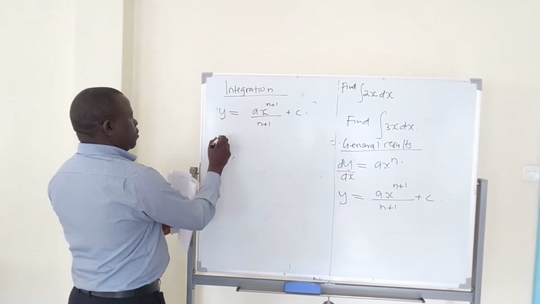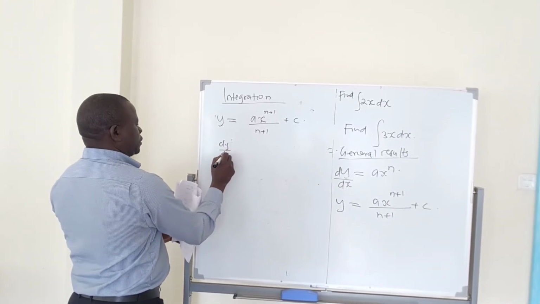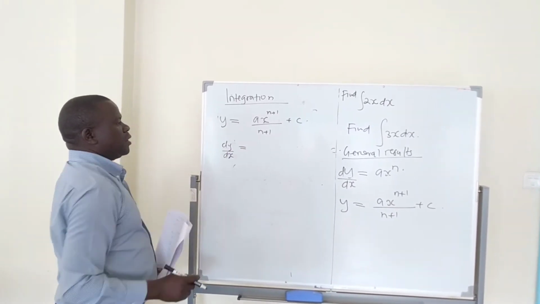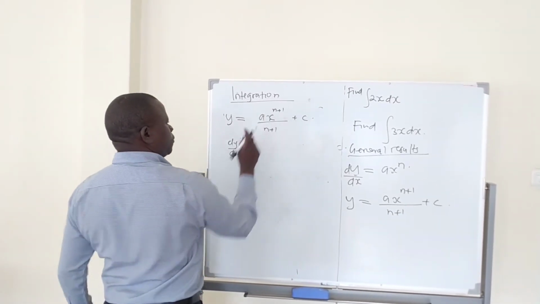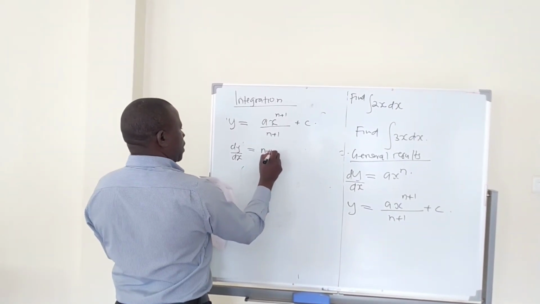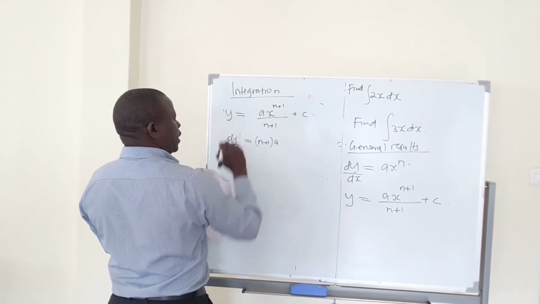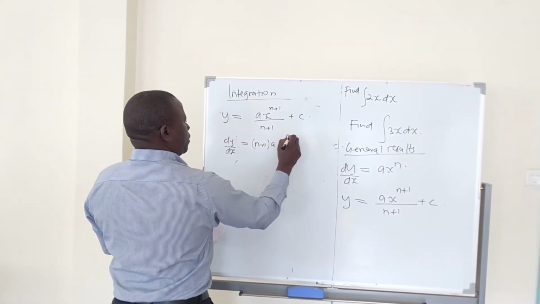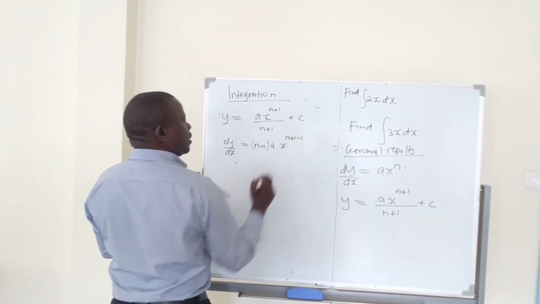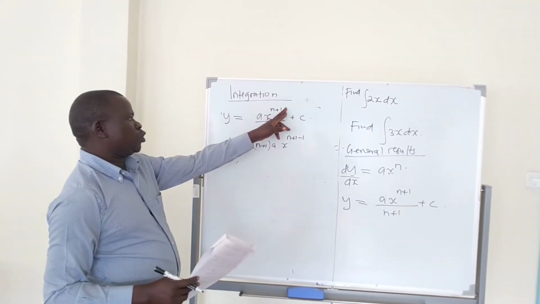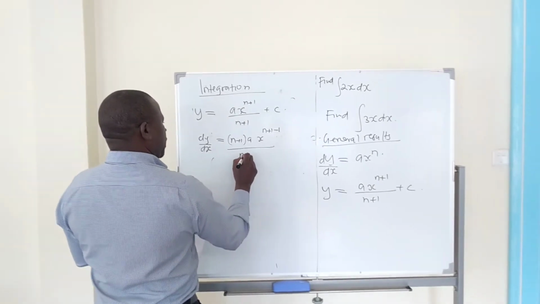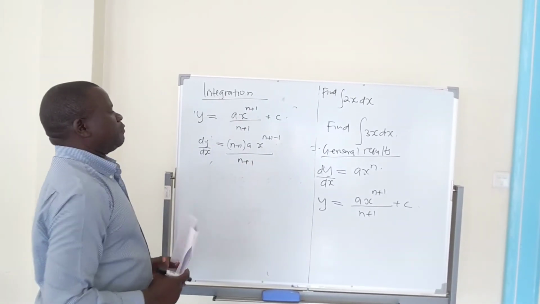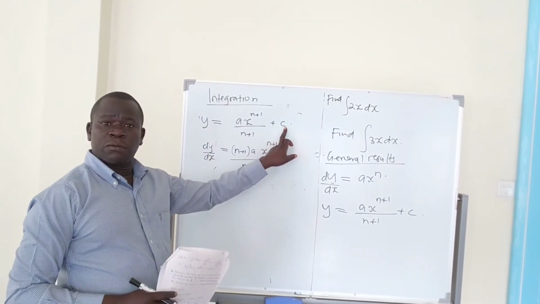I can say dy by dx by the simple method of differentiation. What happens? I bring this power down, so up comes n plus 1. Of course, this a is here. Then x to the power n plus 1, of course, minus 1. Remember, I'm differentiating, so I reduce the power by 1. Of course, this part remains here, n plus 1. Now, the moment I differentiate the constant, it goes to 0.